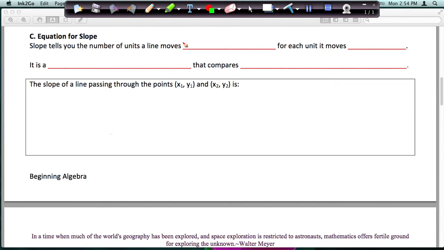So slope tells you the number of units a line moves vertically for each unit it moves horizontally. It is basically a rate of change.